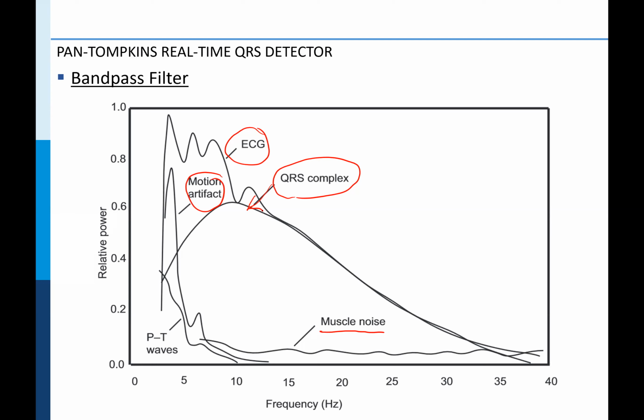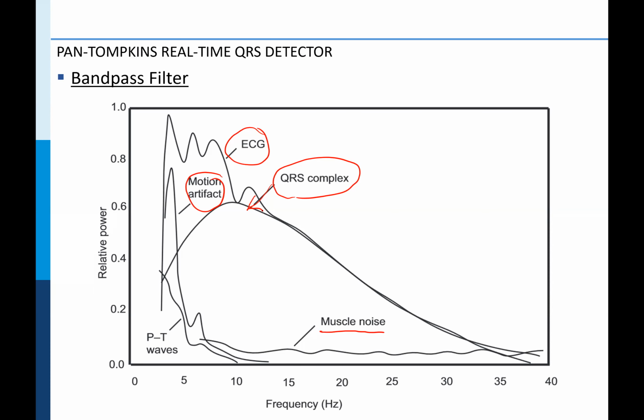The muscle noise normally comes also due to respiration. The motion artifact comes obviously because of movement. And the frequency of interest here is the QRS complex. The ECG signal occupies the complete bandwidth of around 40 Hertz. So that's the idea here.